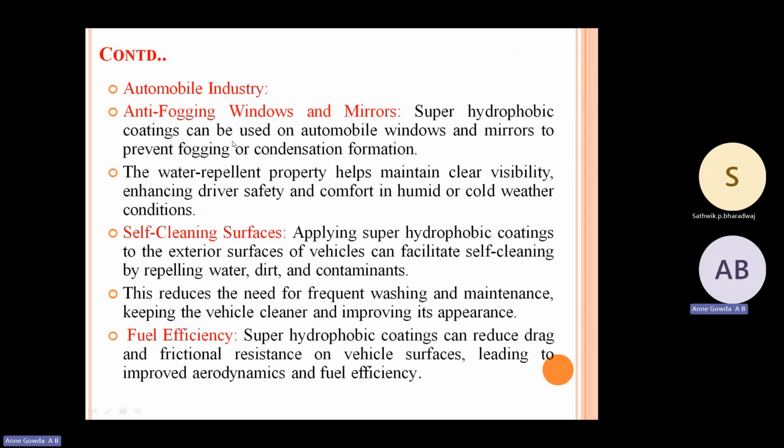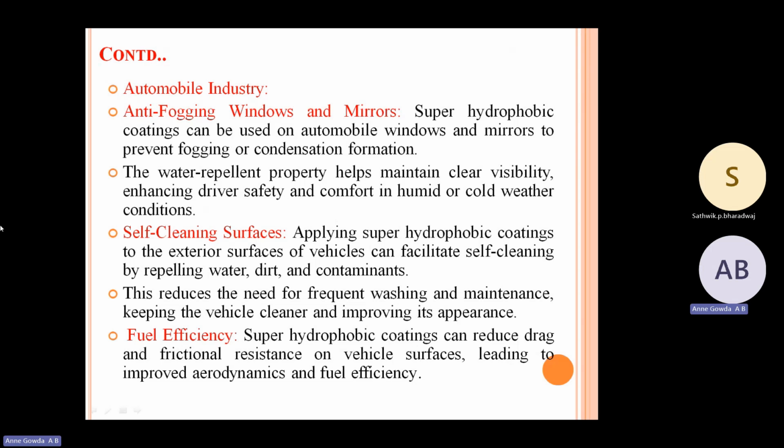So the main idea behind this is what we have observed in the lotus leaf effect. When water falls on that lotus leaf, it can easily roll off, because the lotus leaf has small bump-like structures. When the water falls on those bumps, it can roll off easily because those bumps create a high surface angle between the water droplet and the surface on which the water is falling.